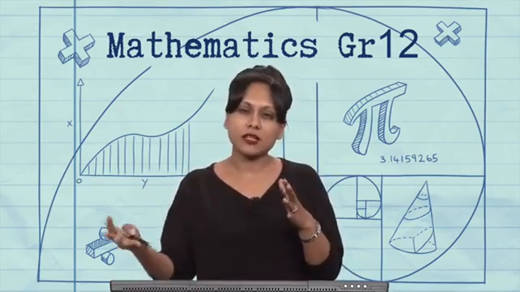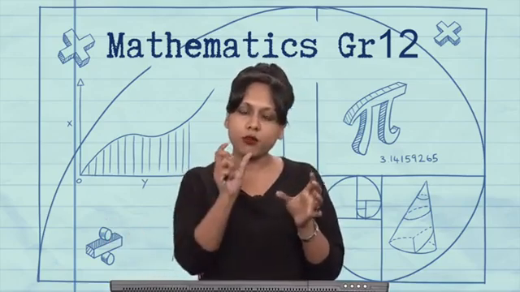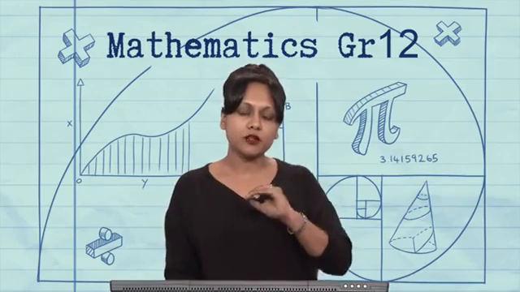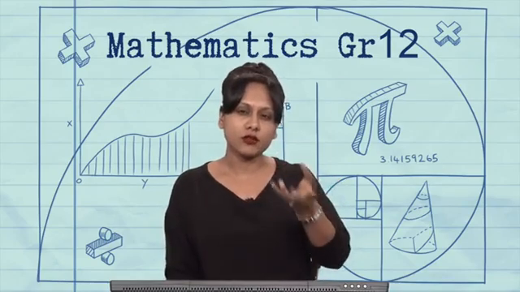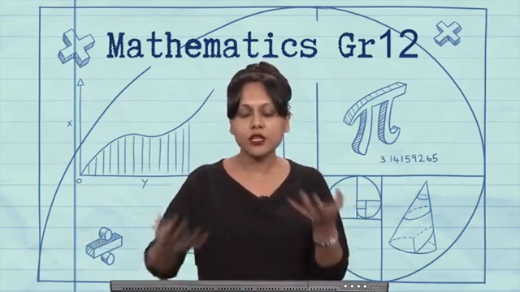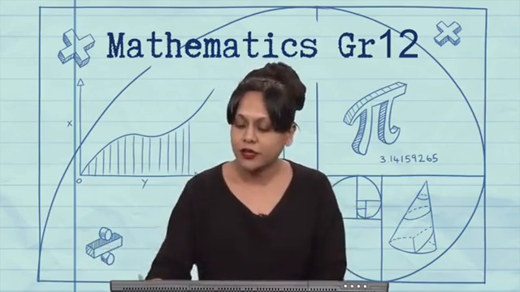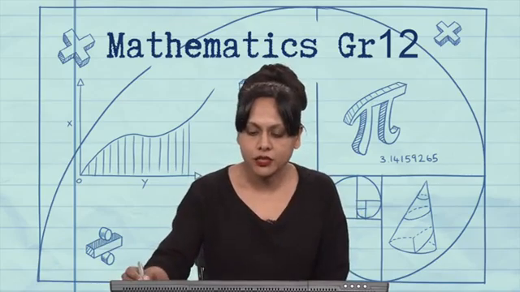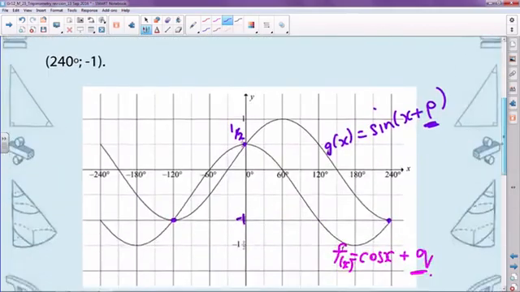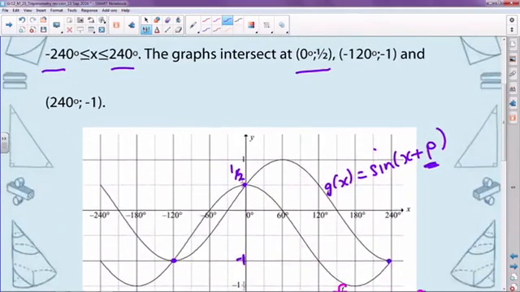Just like with any function, if they've given you a point that lies on the graph, if you substitute the value for x into your input, what should you get? You should get the y value out, right? So to find the value of p, the best way is to substitute a point that's been given to you on the graph.